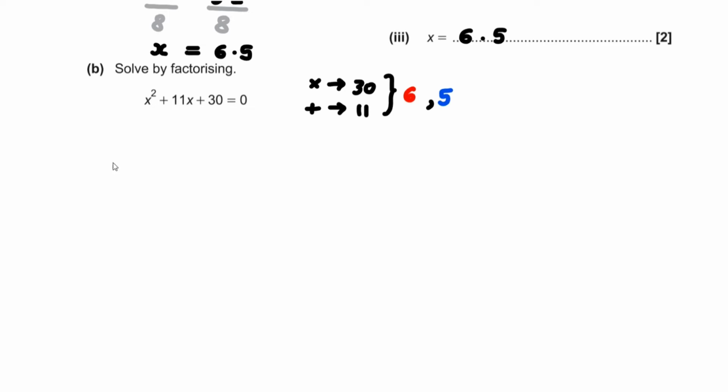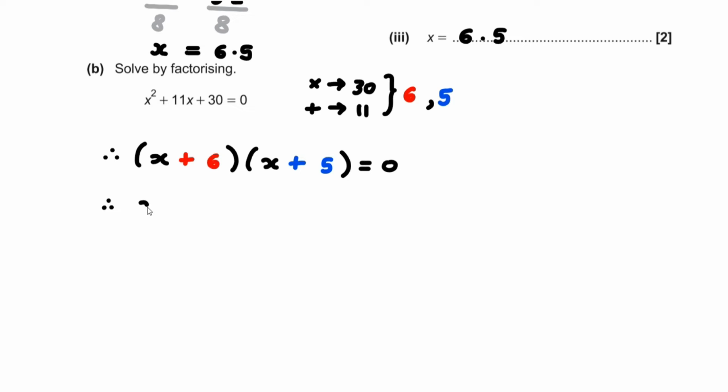So when we come to factorize, we have x plus 6 multiplied by x plus 5 equals 0.